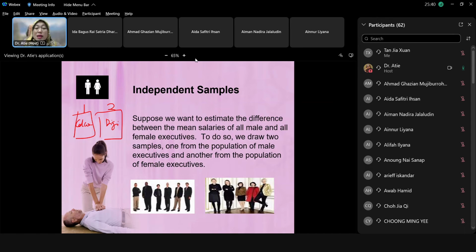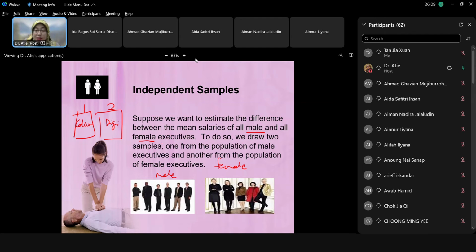Suppose we want to estimate the difference between the mean salaries of all male and all female executives. To do so, we draw two samples, one from the population of male executives and one from female executives. Male and female are two totally different groups.